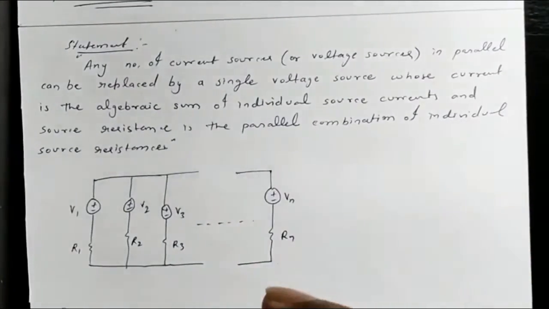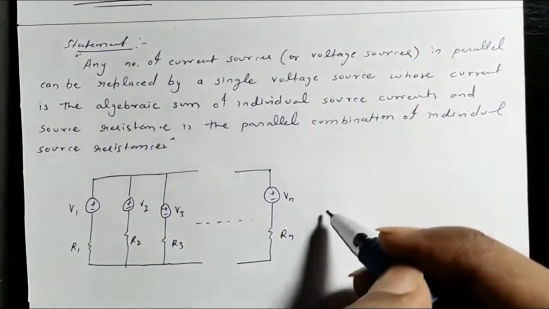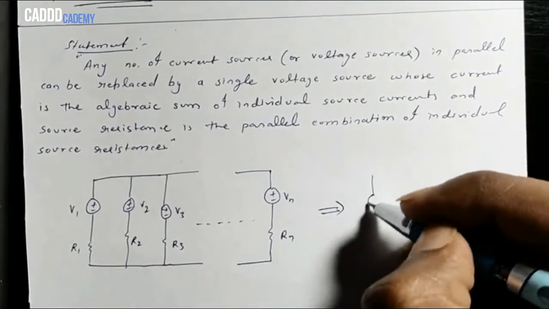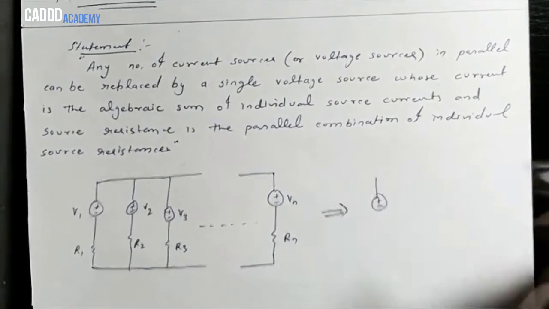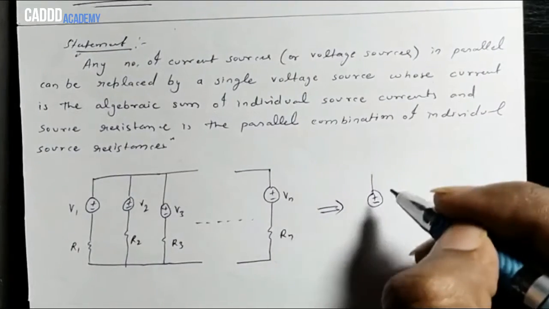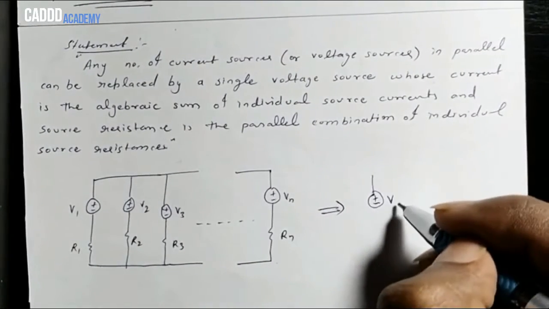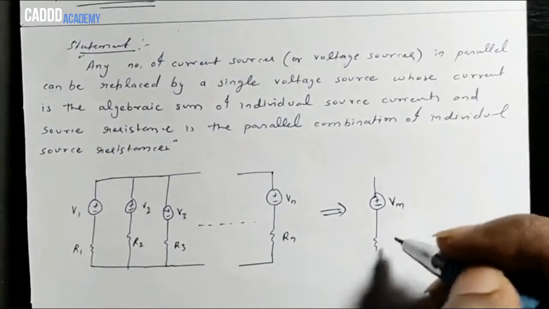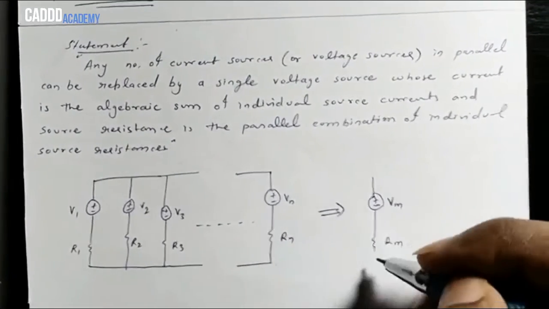So if we have a circuit like this, then we can reduce this circuit into a circuit which has a voltage Vm and resistance Rm.